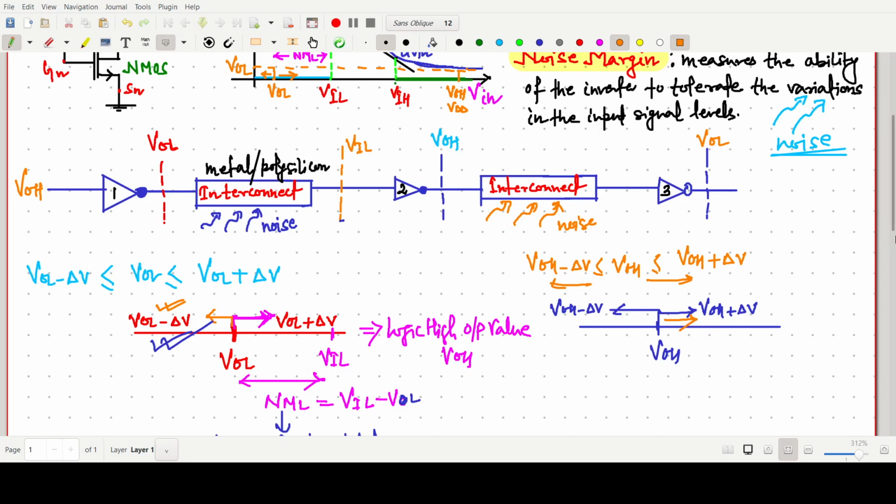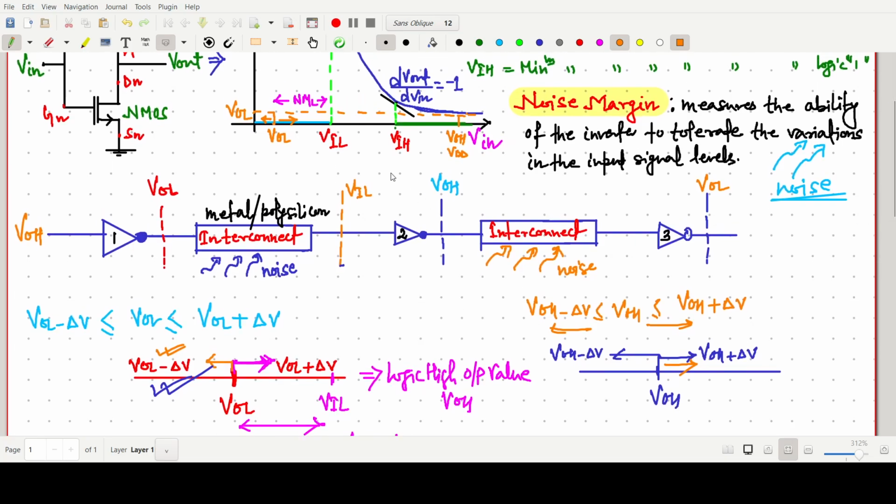If we increase the value above VOH, taking this as VDD, it will give the low value we require. So this will work; if some noise is there, it will give the same result. But if we go on the left hand side, up to how much value will it give the low value?